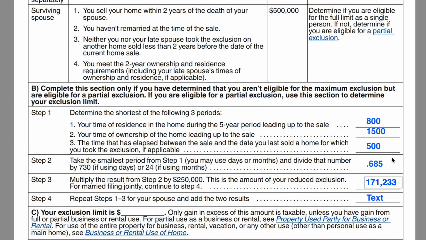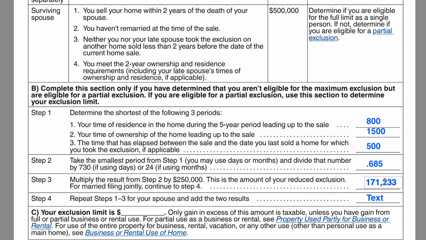So we come up with a decimal of .685, and then we multiply that amount by $250,000. So the reduced exclusion went from $250,000 to $171,233. So if you're realizing a gain of $100,000 or $150,000, you're still in the clear.